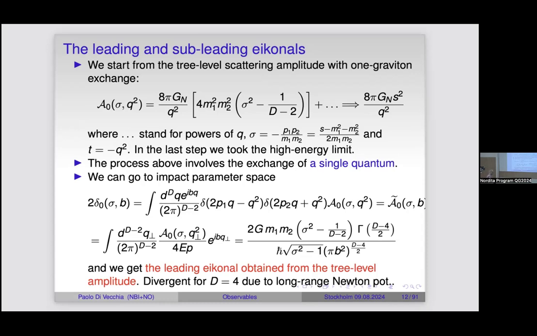You see that this is the leading eikonal and it is divergent, and this has to do with the long-range Newton potential. This quantity is dimensionless and proportional to 1 over h bar.